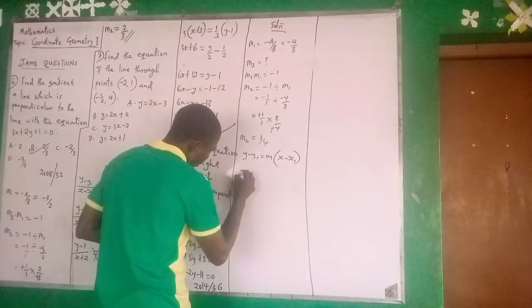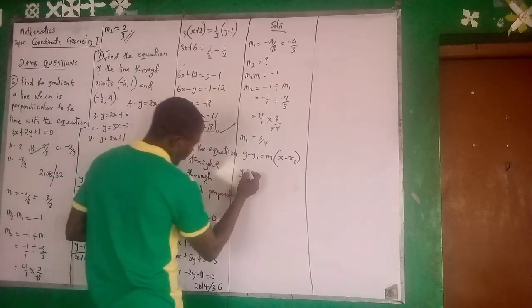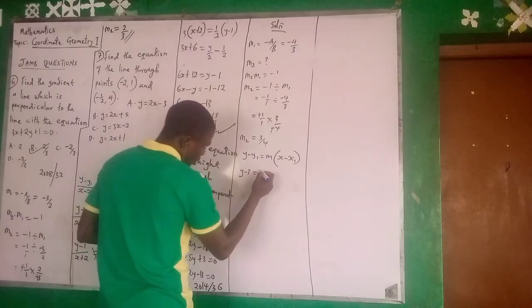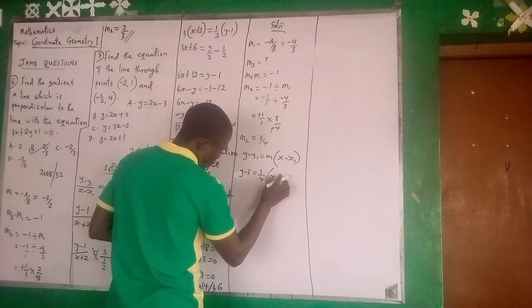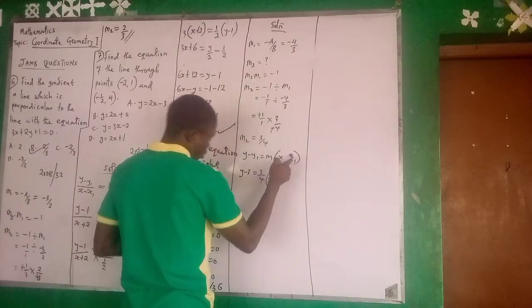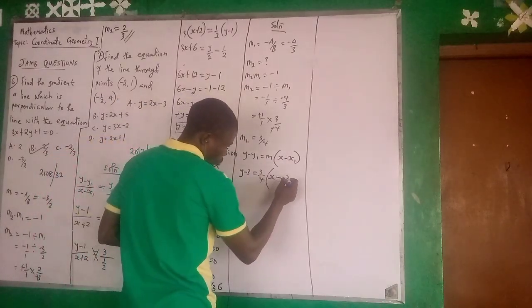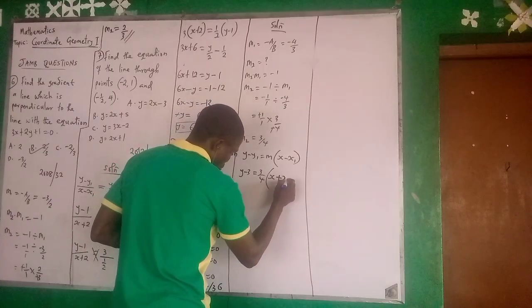That will be y minus y1, what? y1 is 3, equals the slope, which is 3 over 4, times x, the variable, minus x1, which is minus 2. Minus times minus is plus, so let me write plus 2.